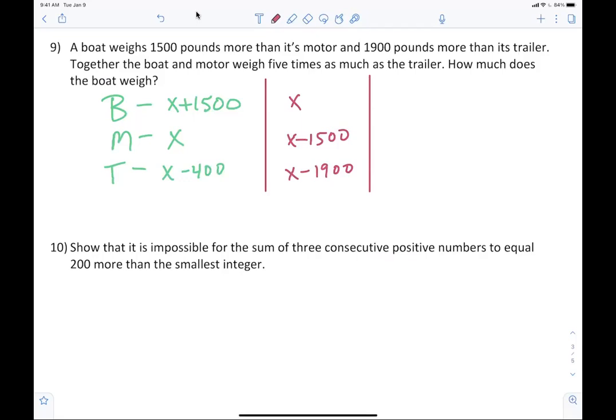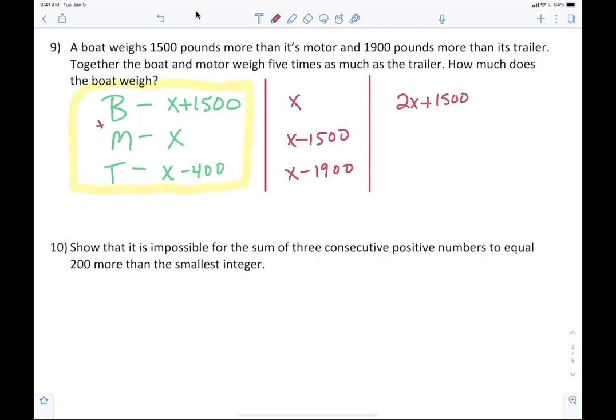All right. Now it says here, and because we started with this one, we're going to use this information. Together, the boat and the motor. Well, what do the boat and the motor weigh together right now? 2X plus 1,500.